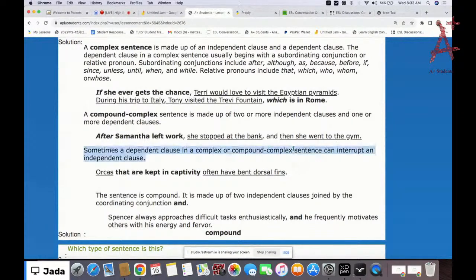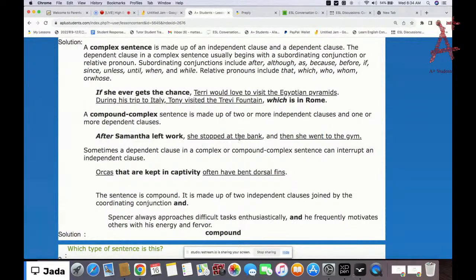In this one, "after she left work" is a dependent clause. "She went to the gym" could stand as an independent sentence because it is a sentence on its own. "She stopped at the bank" is also a good sentence on its own.